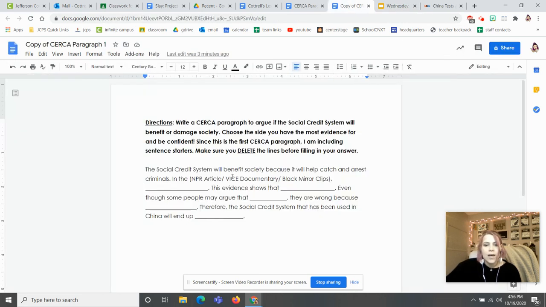So let's go ahead and look at our sentence starters. You guys can follow along in your own paper. In the NPR article, Vice documentary, Black Mirror clips. These are in parentheses because they're options. If this was on paper, you could circle one, but we're not going to circle one. We're just going to replace it with whatever we're saying.